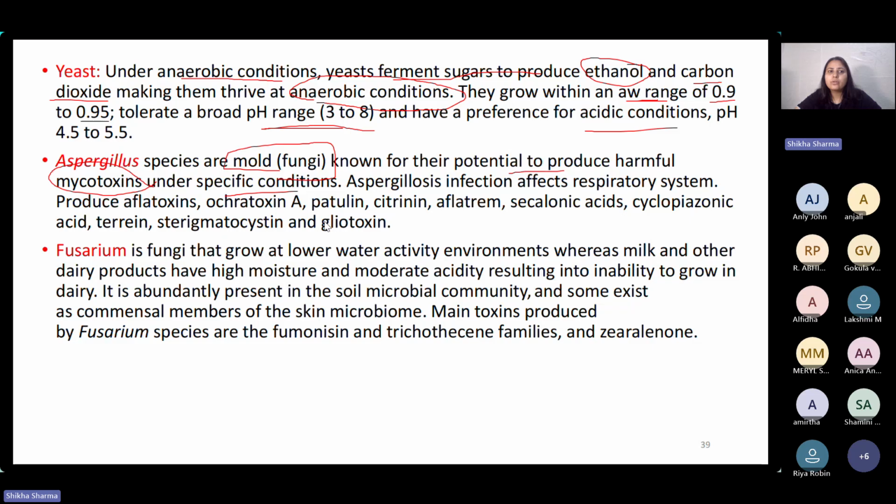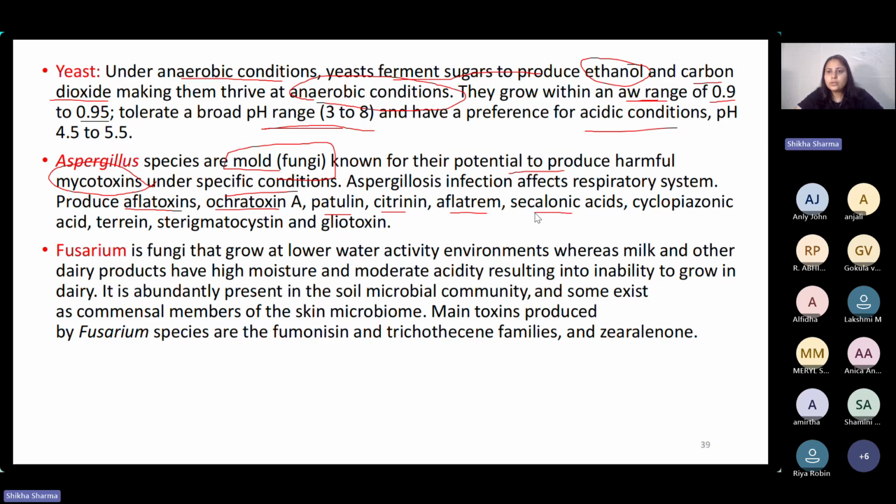These species produce different mycotoxins like aflatoxin, ochratoxin A, patulin, citrinin, and many more; this is just a few examples. So Aspergillus species produce hundreds of mycotoxins.